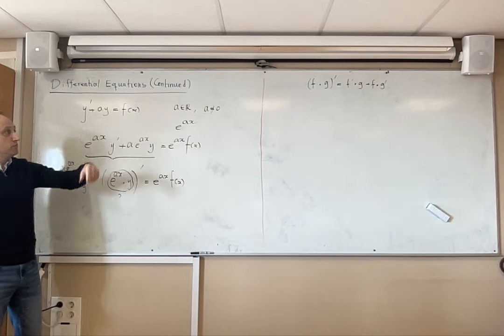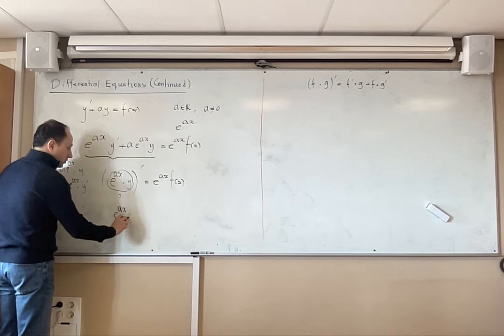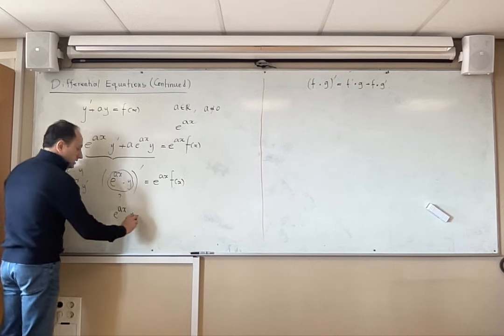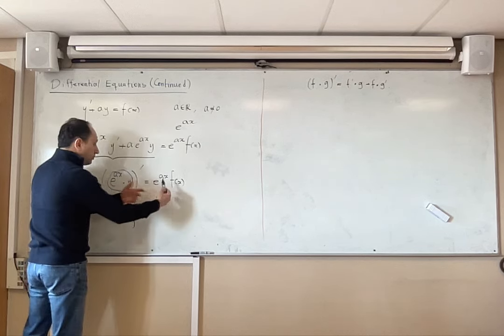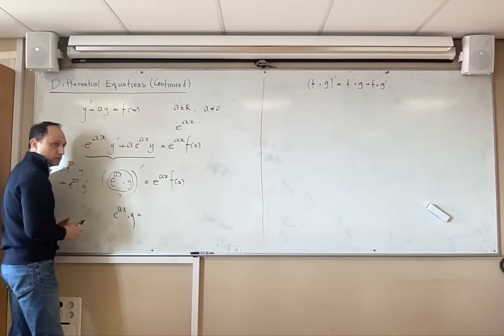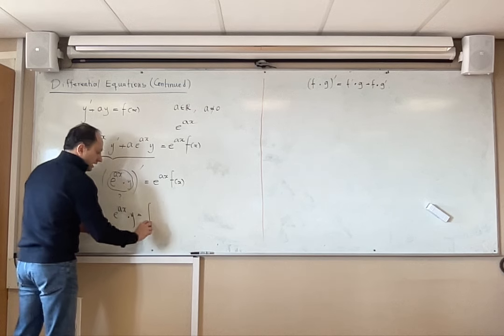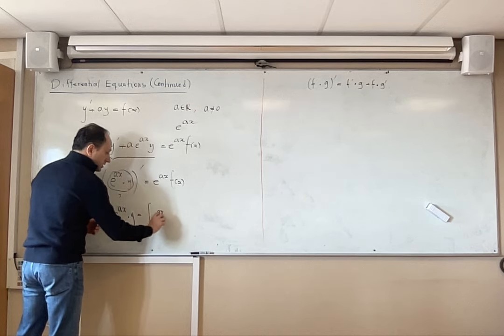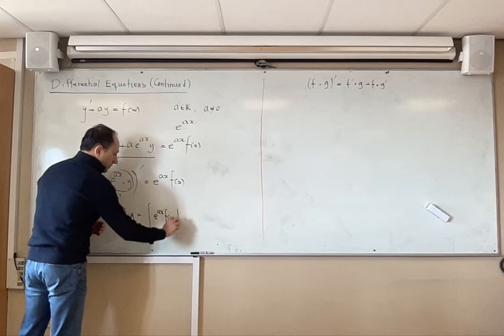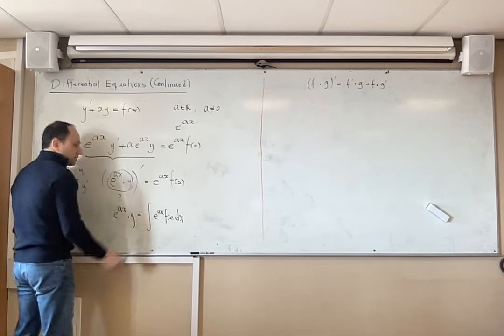And using this symbol that I introduced, I would say that e to the power of ax multiplied by y is equal to all primitives. So the answer could be any primitive function of this combination, and using that symbol, I would write the integral of e to the power of ax f of x dx, instead of writing all primitive functions of this.